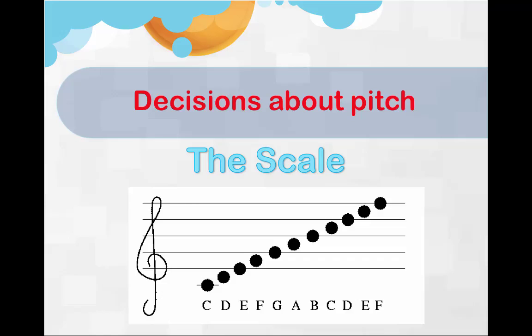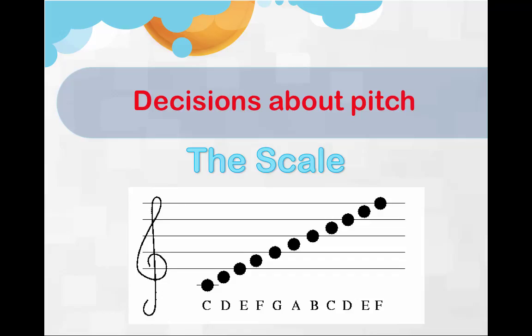A group of notes that a composer can use to write a piece. And you can see that this one is centered on C. The first note is C, so the tonic for this composition would be C. All right, so you have a scale based on the note C, which in this piece would serve as the tonic. Okay?